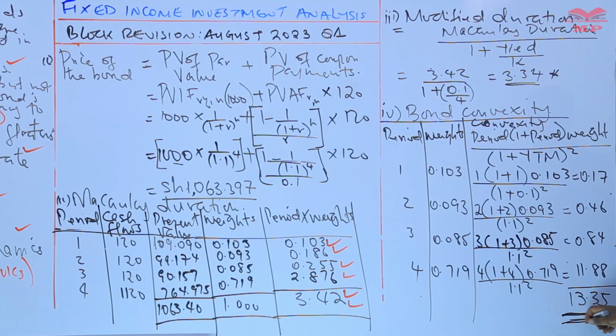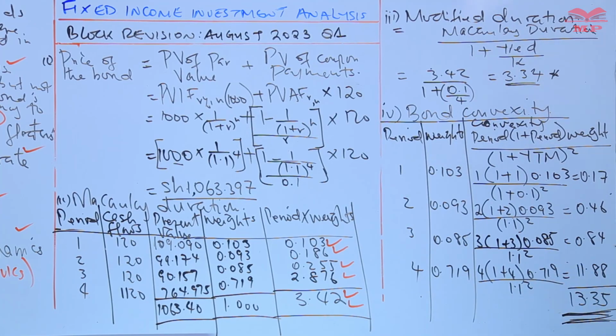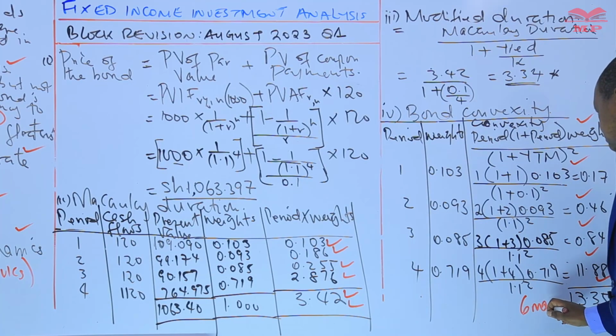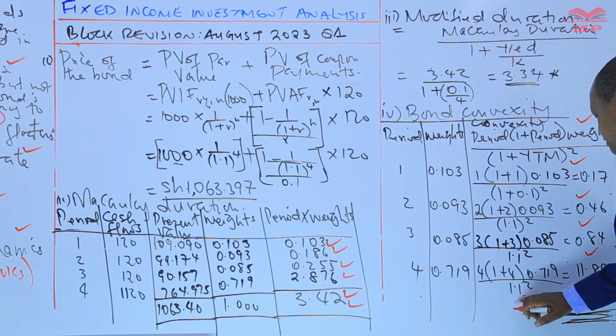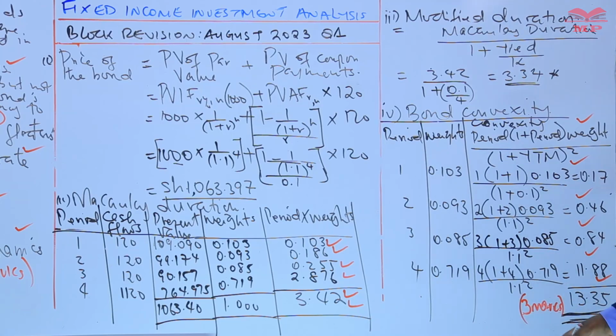That is the interpretation and the answer, 13.35. We've answered the bond convexity, 3 marks. These are 1, 2, 3, 4, 5, 6, half each to earn 3 marks. That is Roman 4.